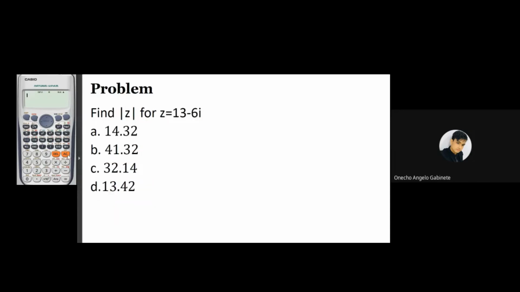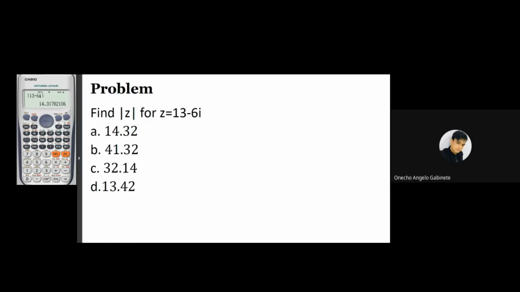Next, find the absolute value of 13 minus 6i. The answer is square root of 205, or 14.32. Sir, how do you do it again?